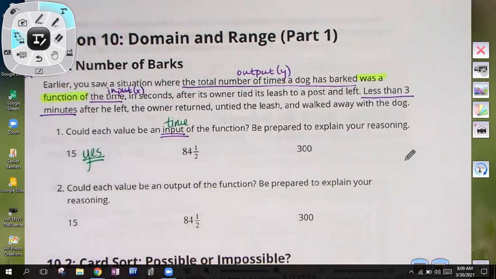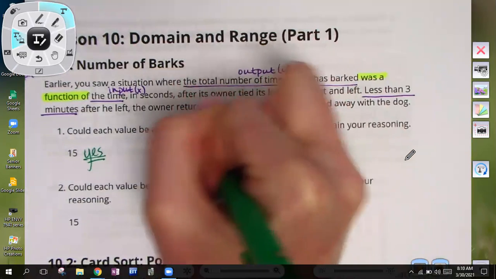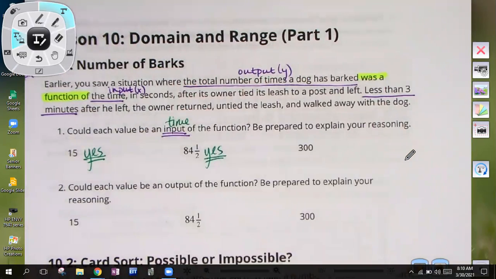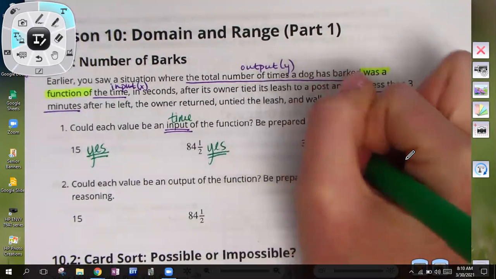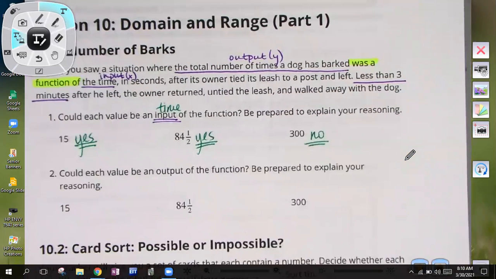Could that be a reasonable amount of time that passed? Yes, 84 and a half seconds also falls in less than 3 minutes. And then finally, 300 seconds. Would that one? No, 300 seconds would be 5 minutes, so it would not be one.